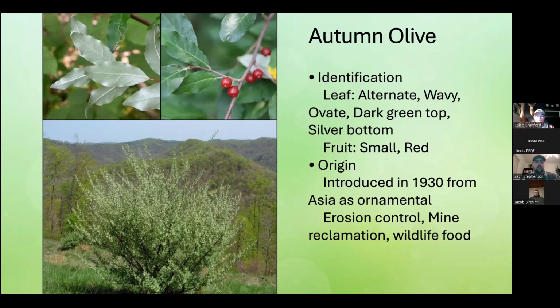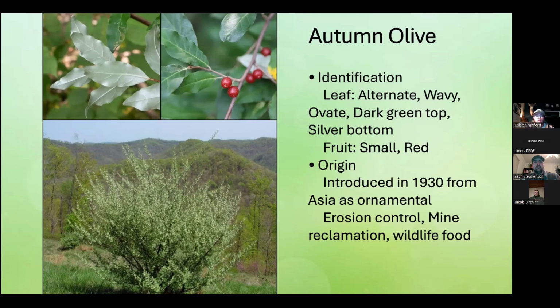For mechanical, they have pretty deep root systems, so heavy machinery will be needed. But if the soil has enough moisture in it, you can usually pop them out. You're always going to have to follow up with herbicide when doing that because you may or may not get all the roots, and they can stump sprout from any existing roots in the soil. Fire has little to no impact.